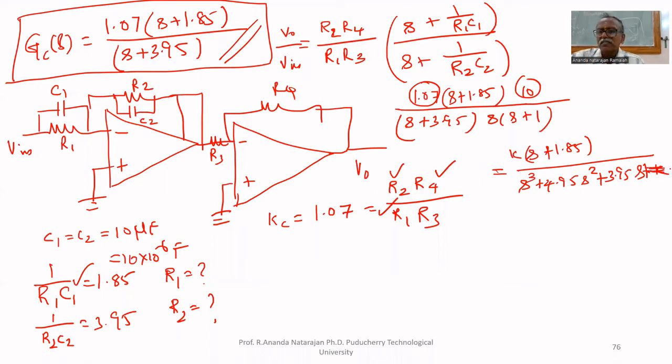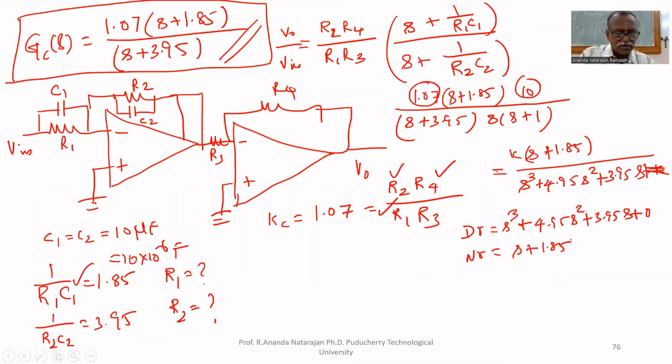For the open loop transfer function, this K will not appear. Therefore, the denominator polynomial is S cube plus 4.95 S square plus 3.95 S plus 0. Constant term is 0. Numerator polynomial is S plus 1.85. That's all. Now let us check in MATLAB.